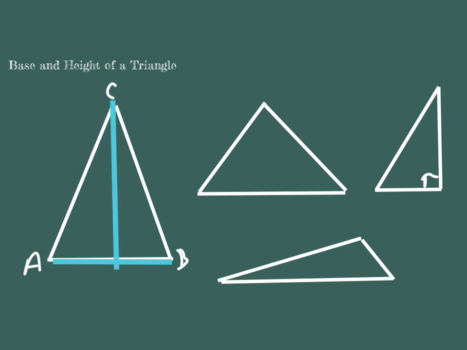Yeah, so that line, and I might need to make it slightly smaller, goes up at a right angle from the top to the bottom. It's perpendicular, okay? I haven't got a letter at the bottom there, so let's add a letter. So line AB is the base, line CD is the height.